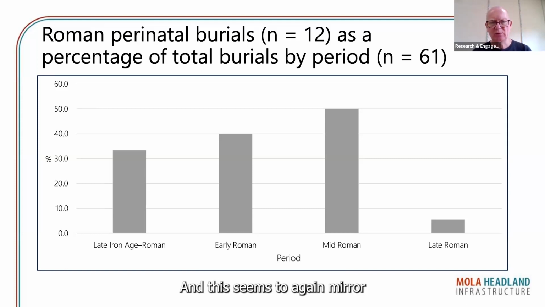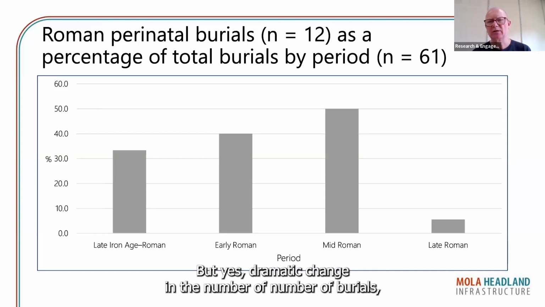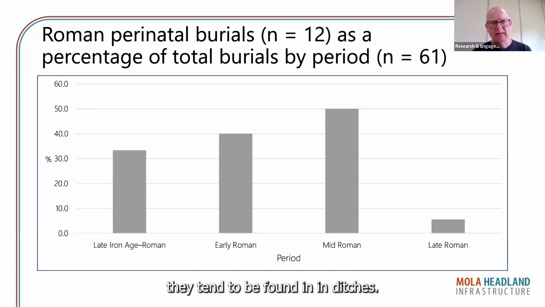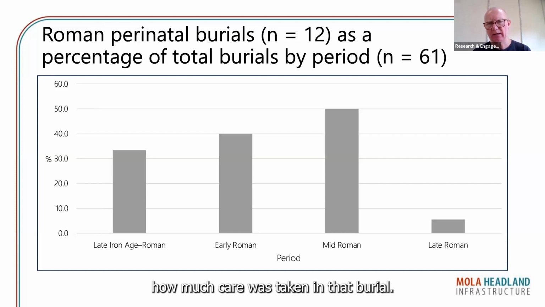And this seems to, again, mirror that change between the mid-Roman and late Roman period, when there's a dramatic change in the number of burials. Another interesting factor about these very young burials is that they tend to be found in ditches. We don't always know exactly how they were deposited, how much care was taken in their burial.